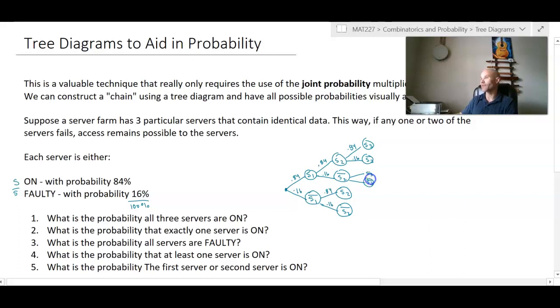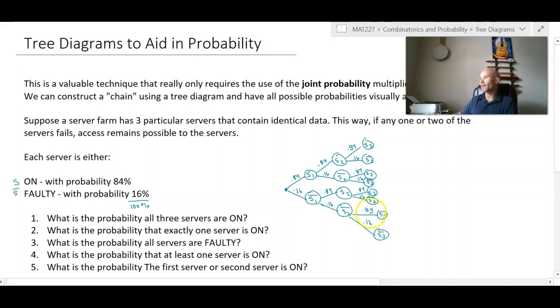I keep saying off, but I mean faulty. And then if server 1 is faulty, server 2 is on, server 3 could be on or faulty. I don't really need these circles here, it just sometimes helps visually. And then same thing, if server 1 and server 2 are both faulty, server 3 could be on or it could be faulty.